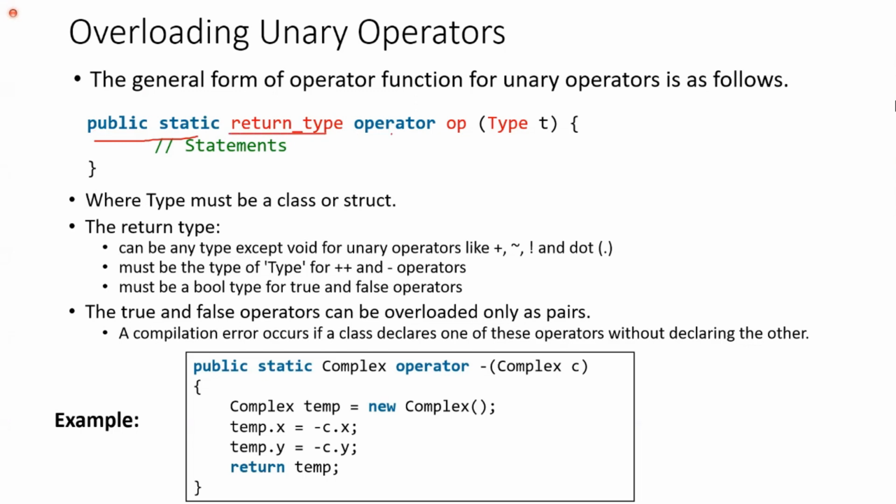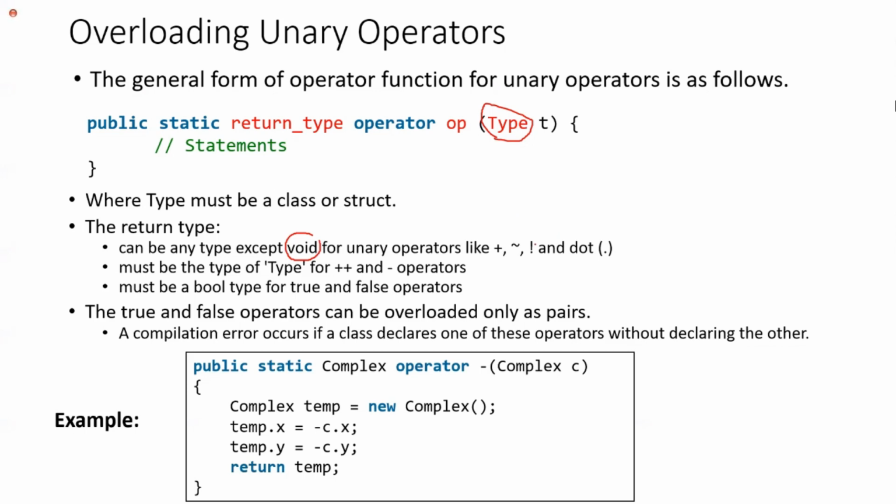And then there must be a return type, the operator keyword, the operator, and the type. The type must be a class or a struct, I mean a structure. And the return type can be any type except void. A void return type will not be accepted.